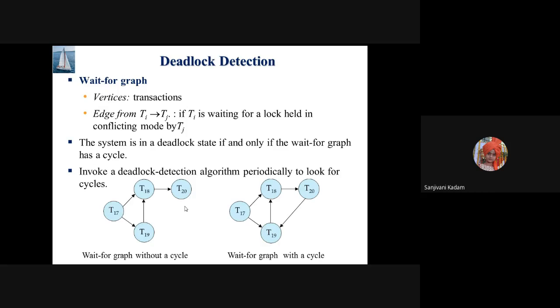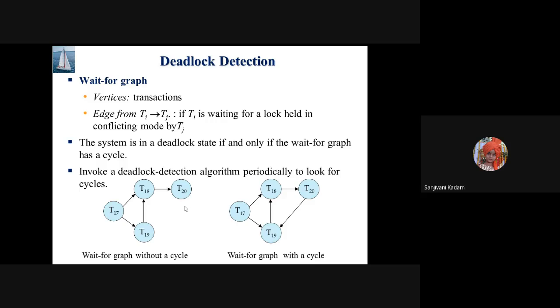Next, deadlock detection. How to detect that there is a deadlock in a system? We already know that there is a circular wait. The same concept is given here with the help of an example. The nodes, the circles, are the vertices, and these represent transactions.